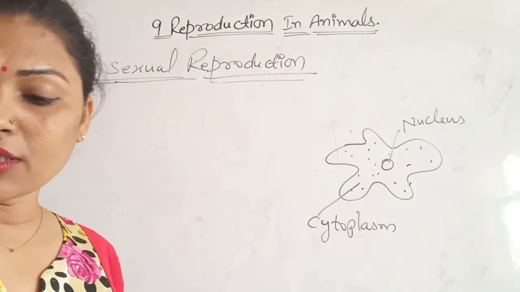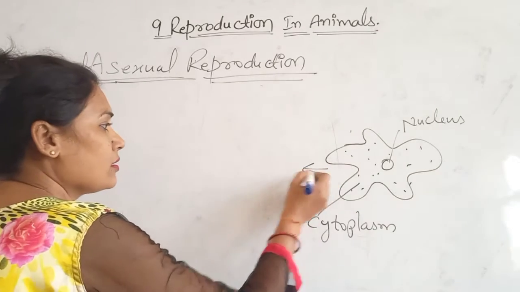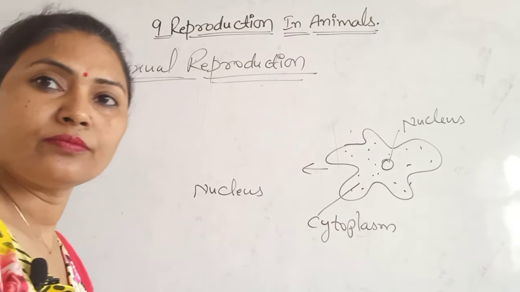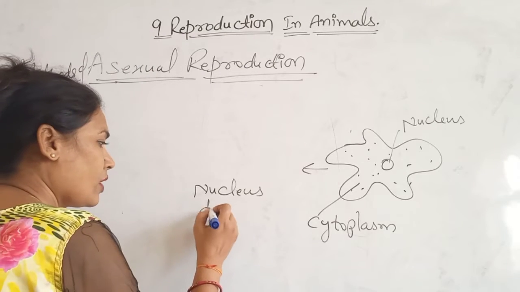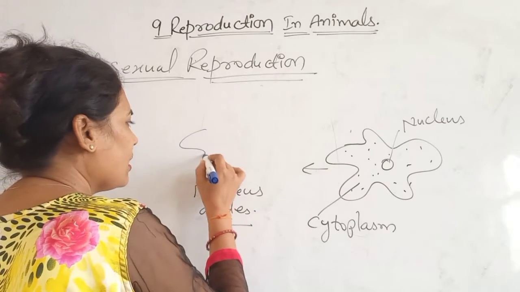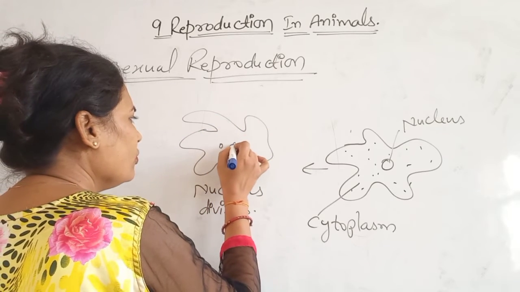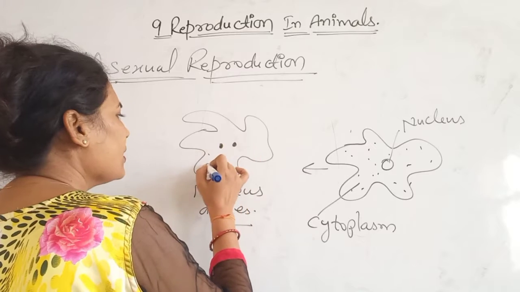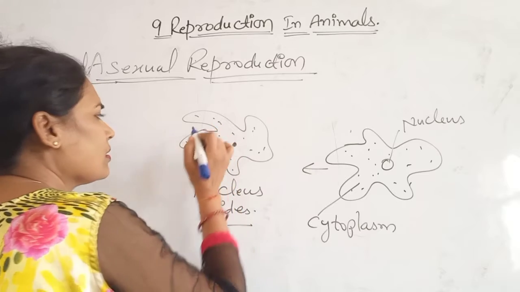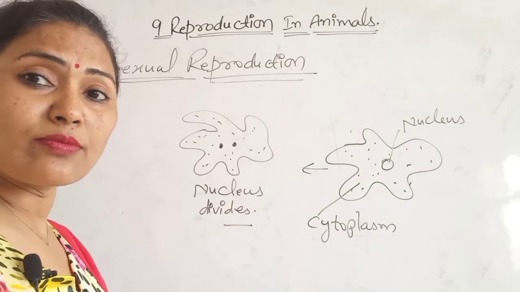Okay. So first of all what will happen, the nucleus divides. So you can write nucleus divides. Okay. In this, the amoeba's nucleus is divided, two nuclei are formed. Like that. If the two nuclei are divided, after that what happens, the cytoplasm divides.